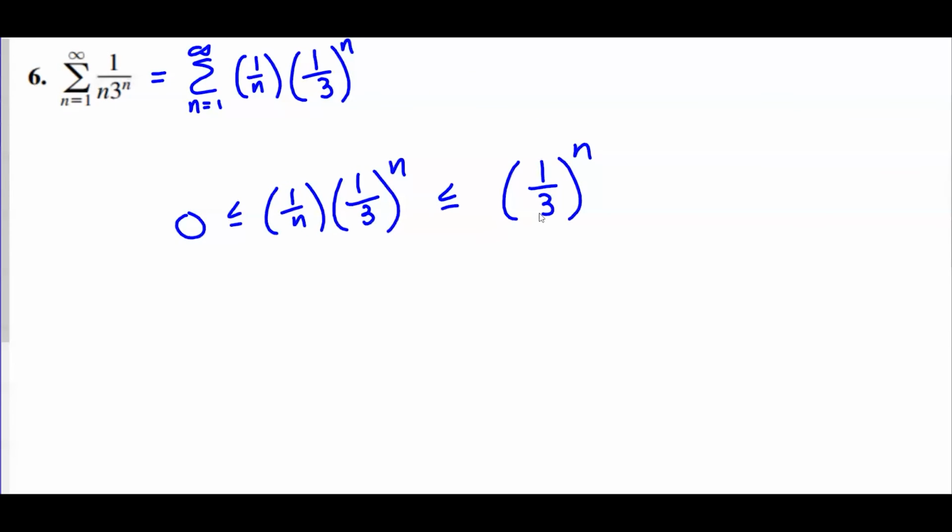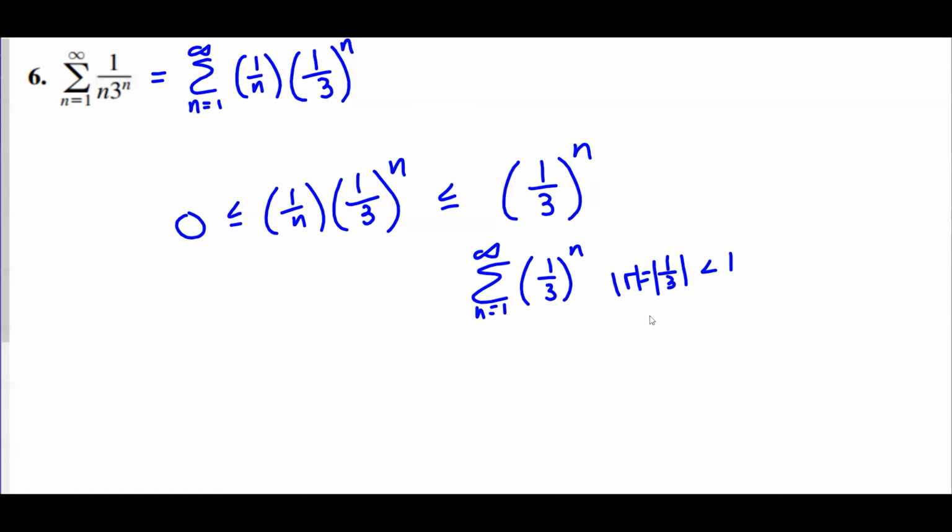All right, so the sum from n equals 1 to infinity of 1/3 to the n, this guy is a geometric series, right? And r here is 1/3. And the absolute value of that is less than 1. It's between -1 and 1.